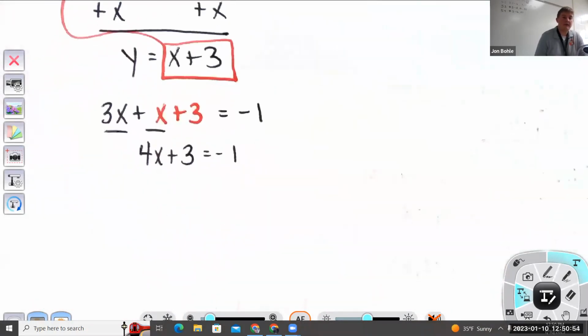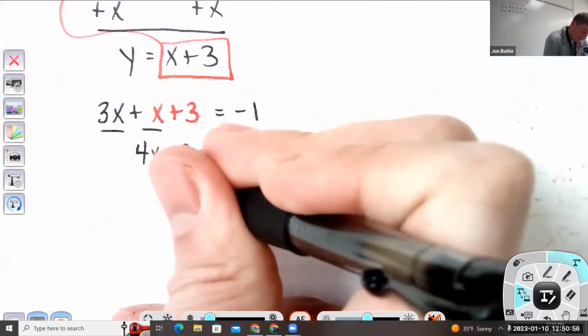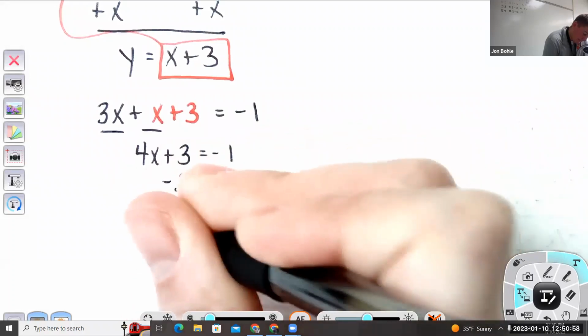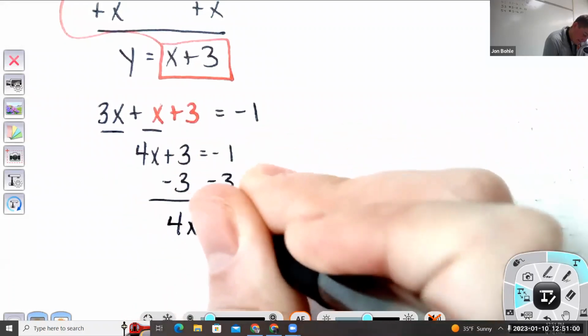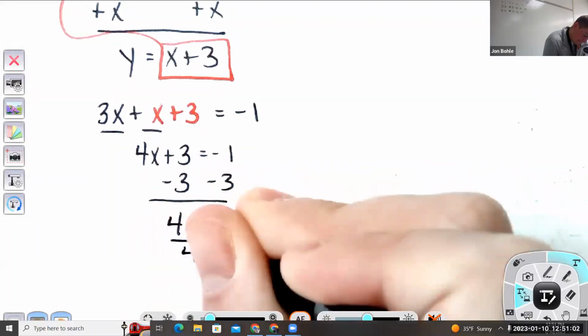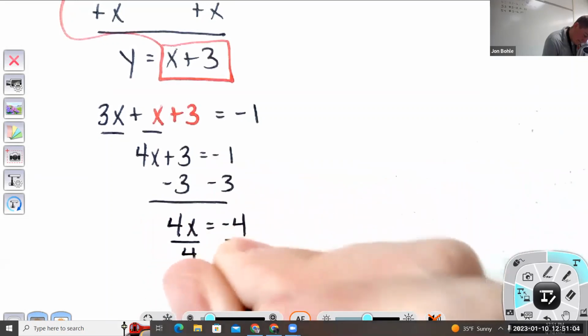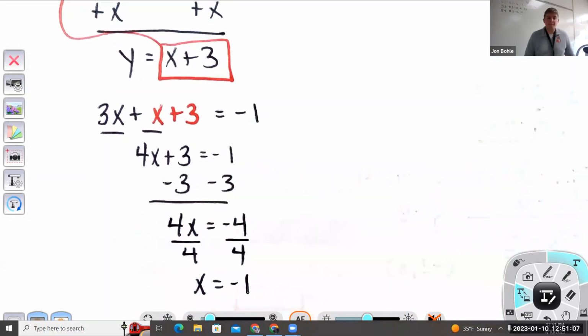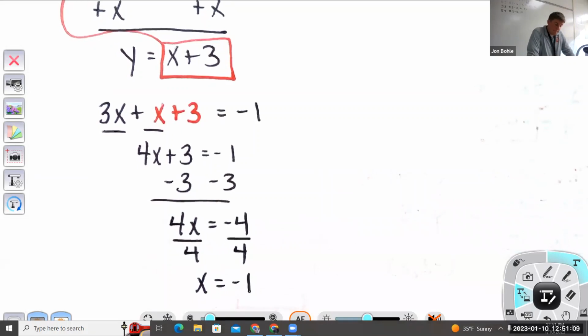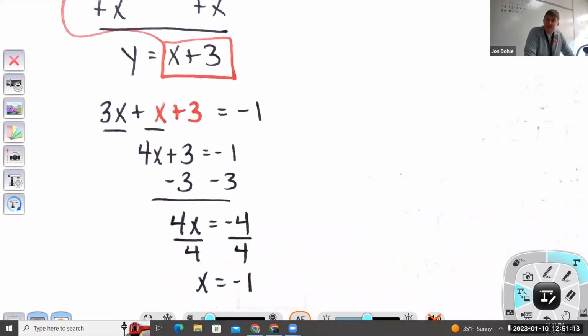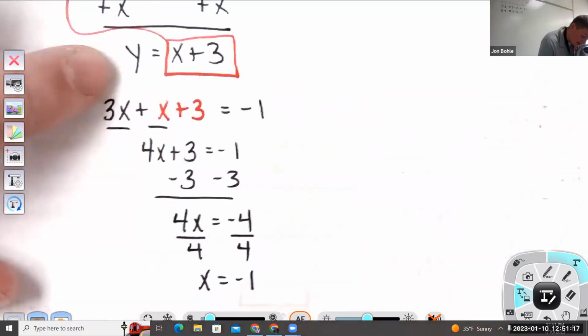And then minus the 3, yeah. The best place to replace your x back in or your y back in is whatever's in your box.